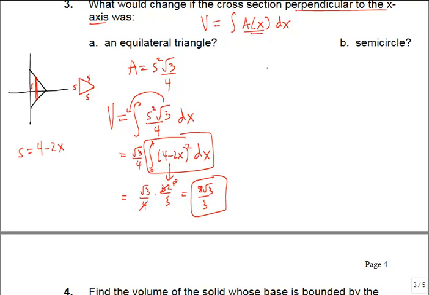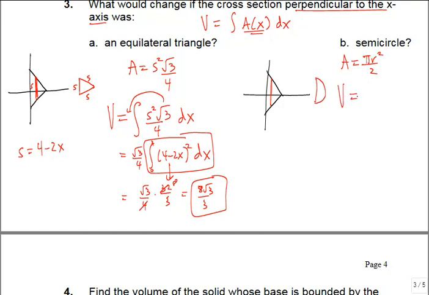So now what changes if instead of taking these cross sections and getting triangles or squares, what if I take this little slice, flop it on its side, and it forms a semicircle? Okay, so now what's our area formula? Area formula for a semicircle is pi r squared over 2.